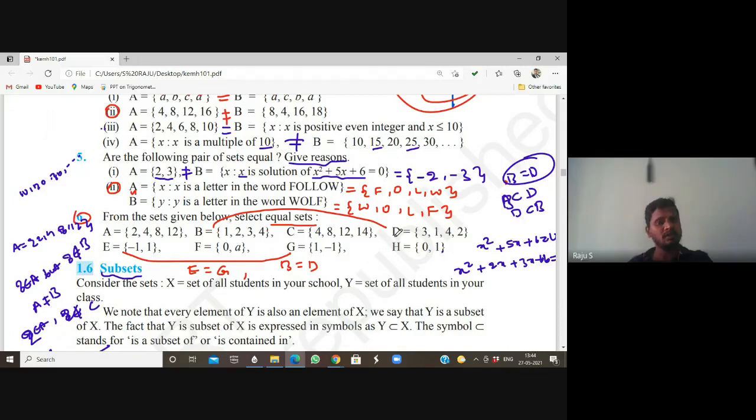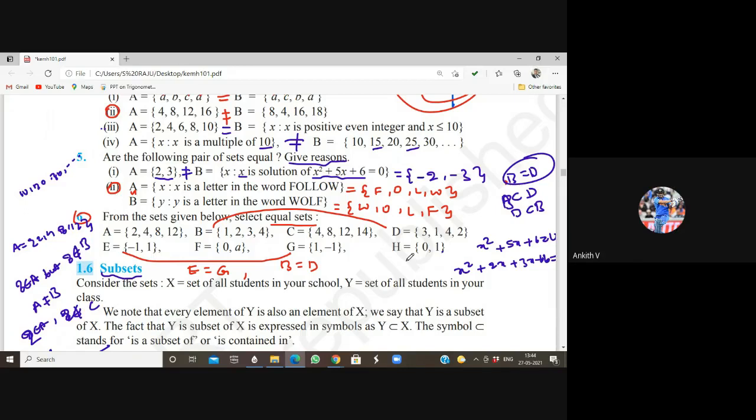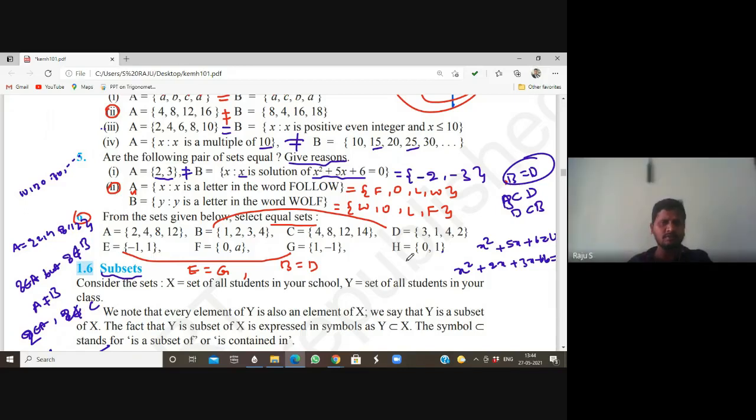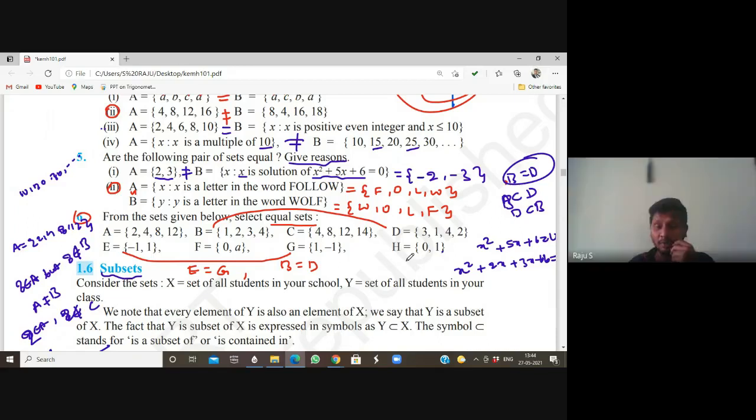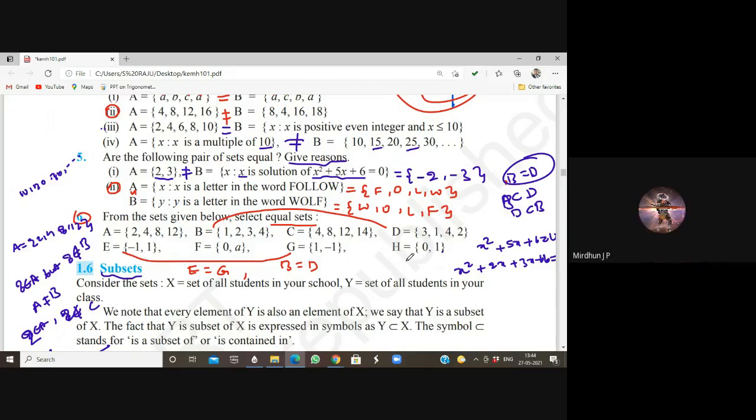For NCERT solutions, you should maintain class notes and OBT separately. Sir, how can we know whether that is an NCERT topic or a master topic, sir?